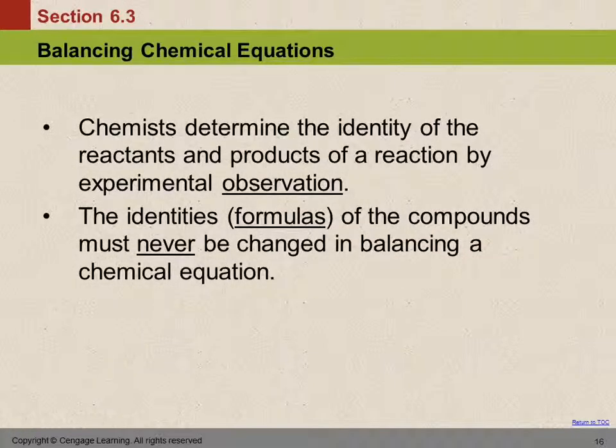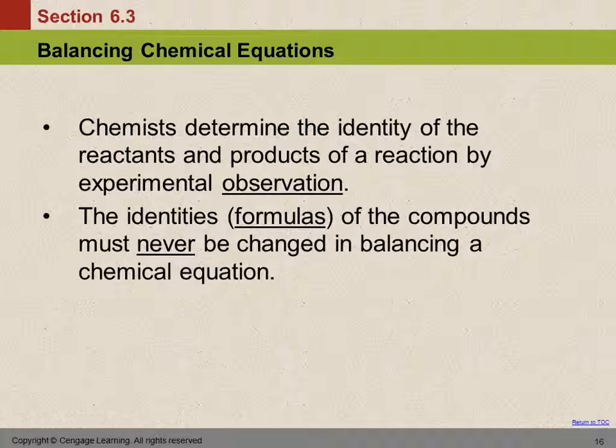So how do we determine what the reactants and products are? We do this by observation. We establish by observation what the reactants and the products are, and that's not really going to be up to you guys to decide. We're just going to balance the equation.